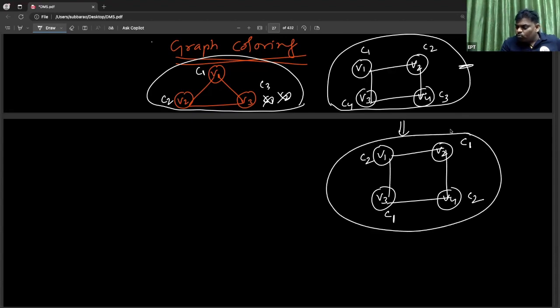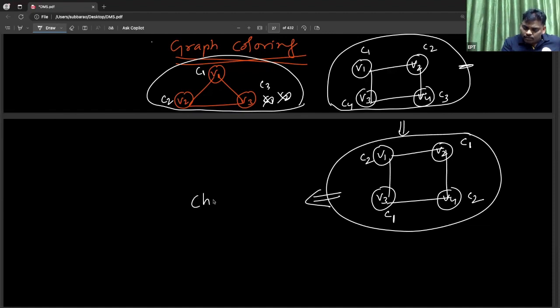But consider the coloring that uses fewer colors. This is also graph coloring, but only two colors we are using. To color the given graph, the minimum number of colors you use is called the chromatic number.